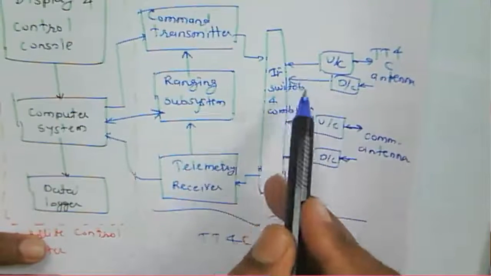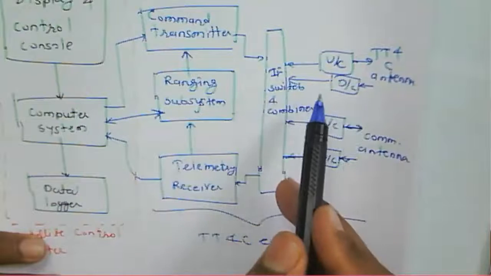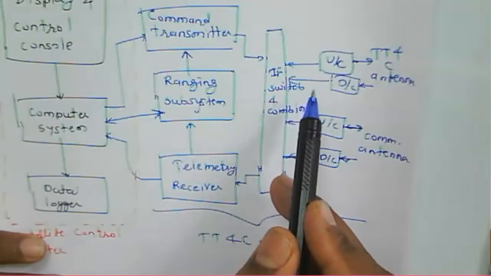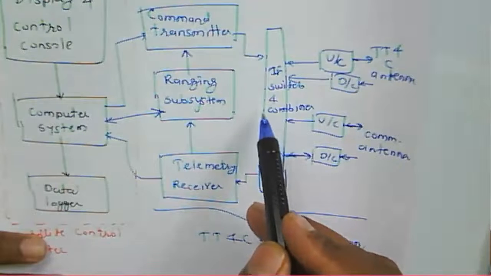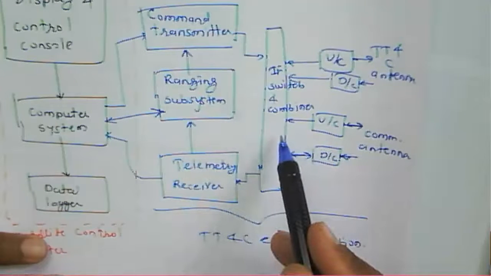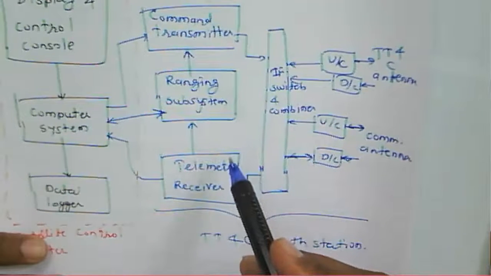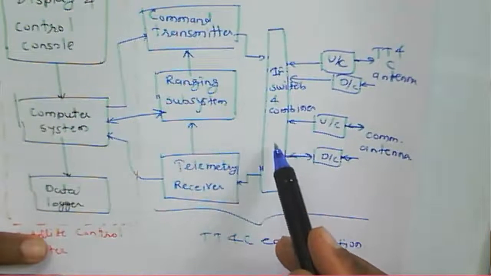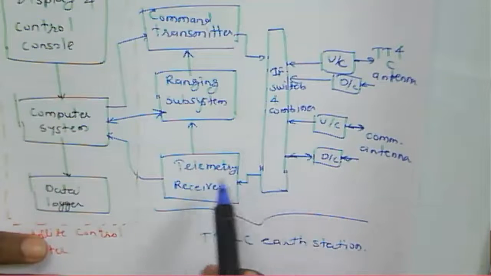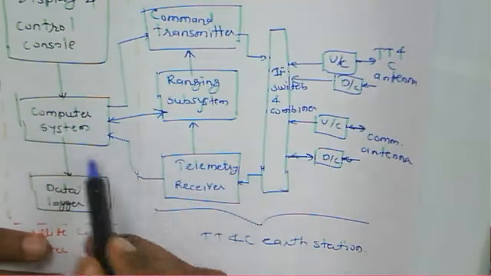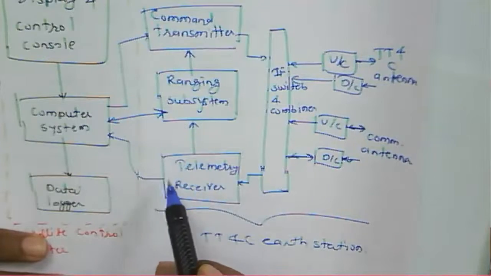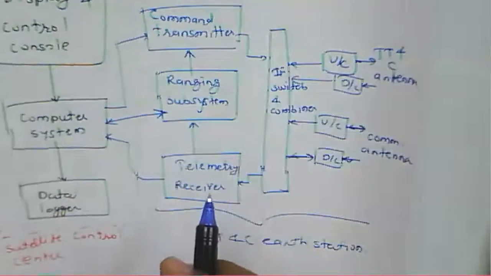Once that signal is down converted, it is transmitted to the IF switch. Then that signal is demodulated and transmitted to the telemetry receiver, and the telemetry data is extracted from the received signal.